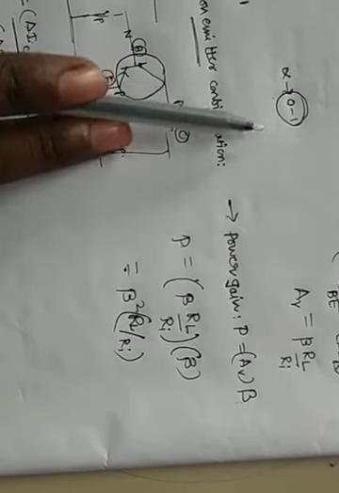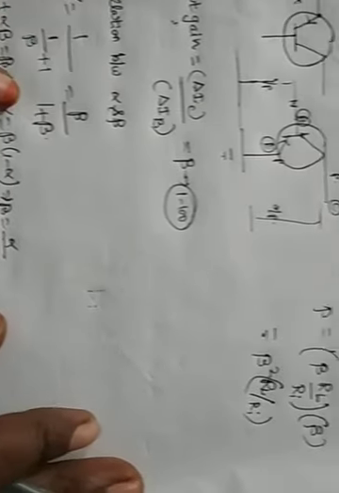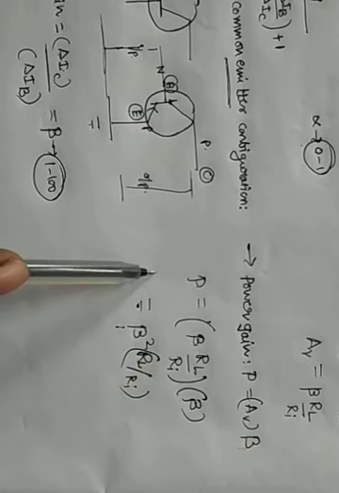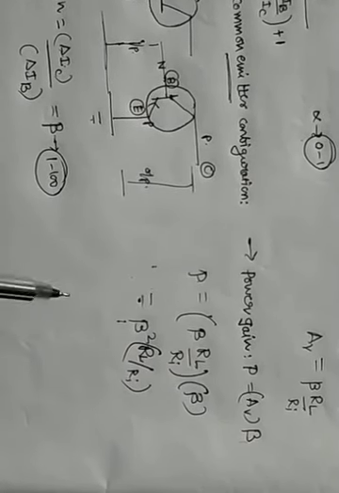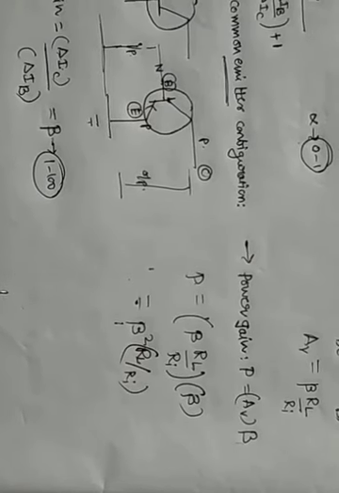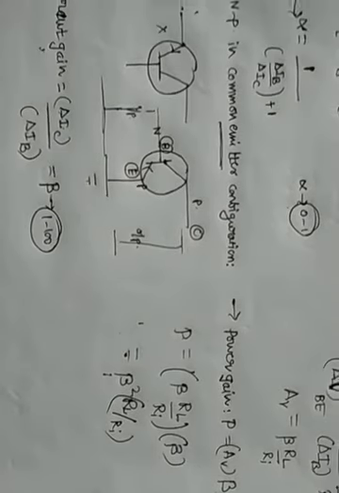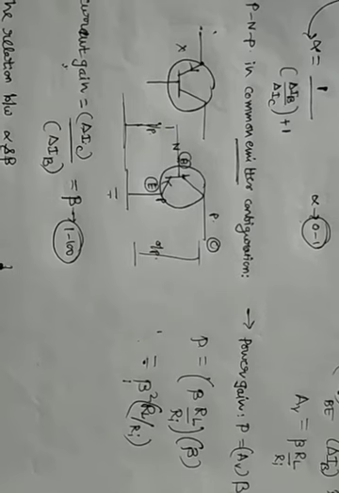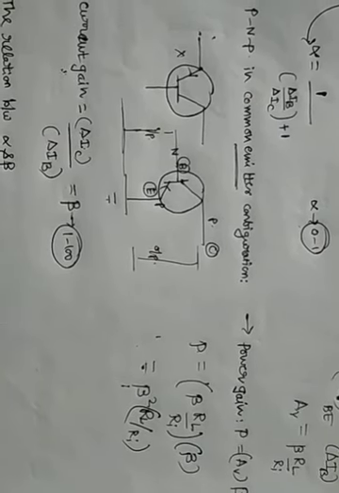Then you should convert using this formula to get the beta value, and substitute here to get the power gain. This conversion of alpha and beta is very important, because the current gain in common emitter is preferred over common base.